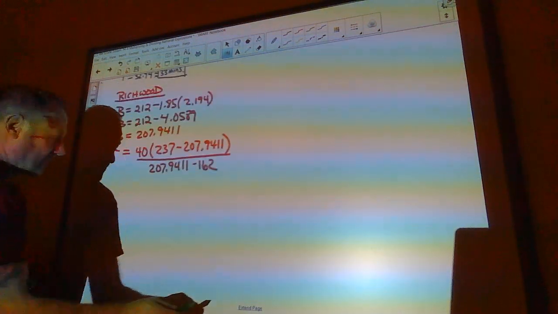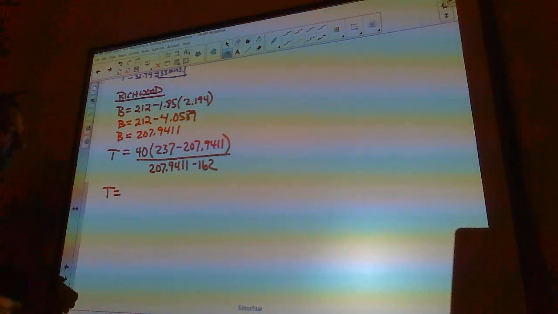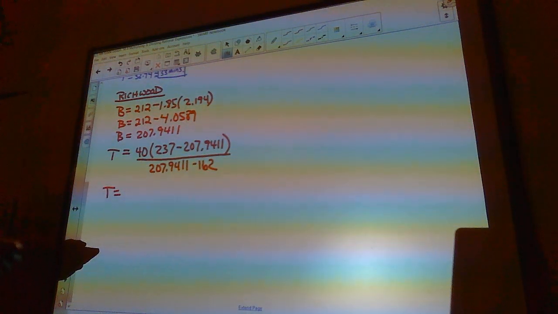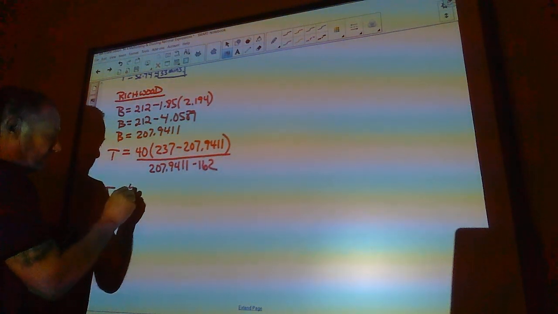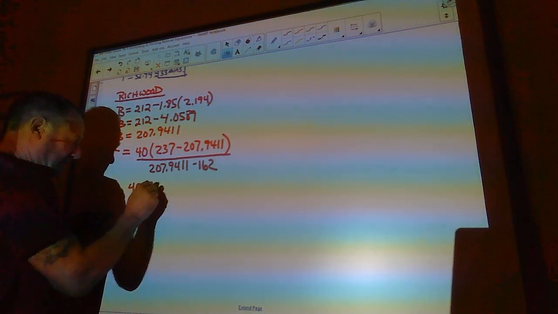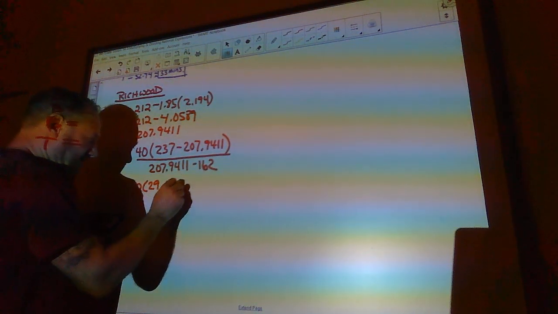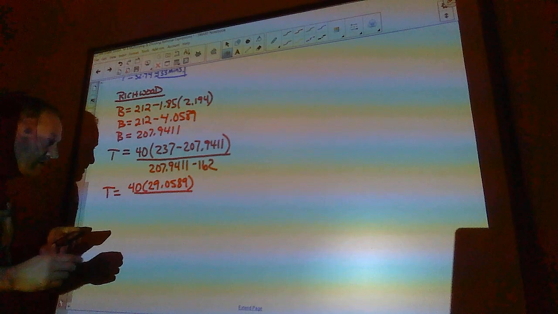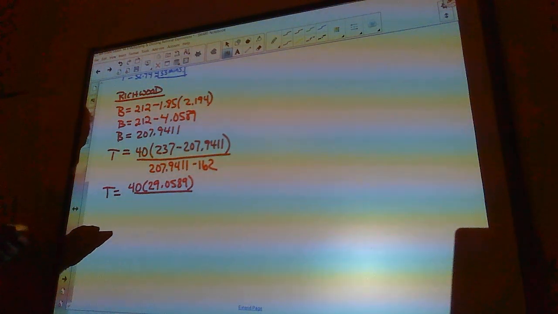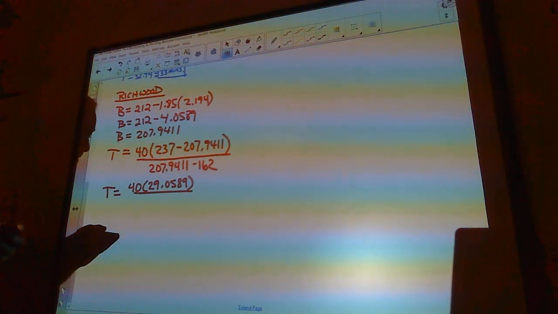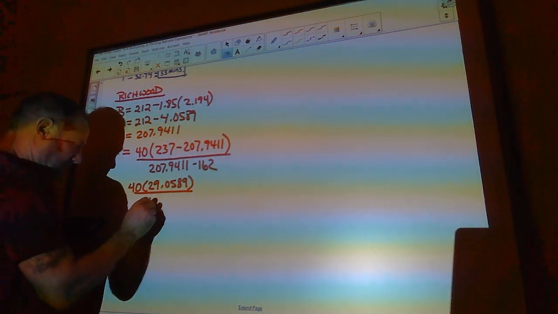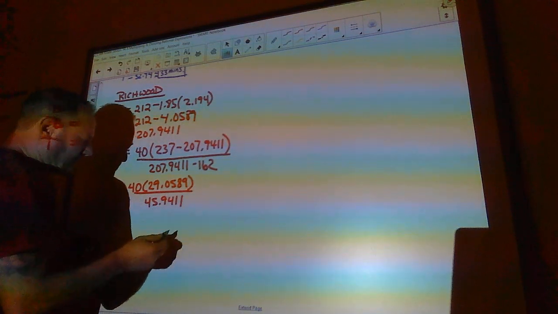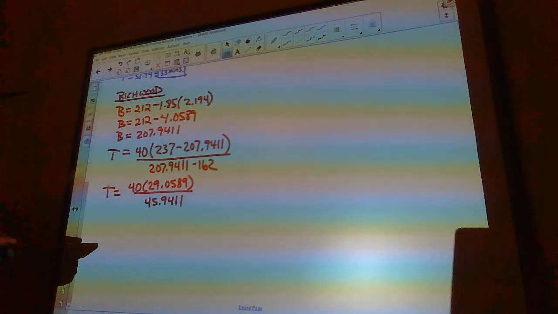Okay, time to calculate T, the time now. All right, so 237 minus 207.9411. This is going to be 40 times 29.0589 all over 45.9411. You could probably round this to the nearest hundredths and you're not going to be off.